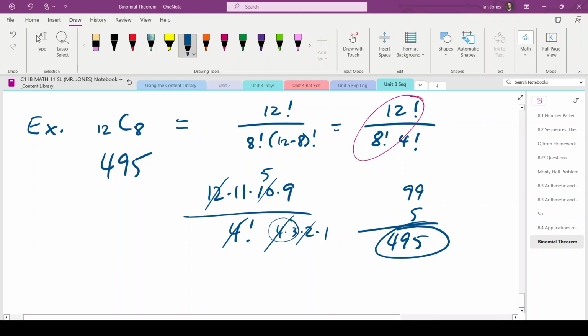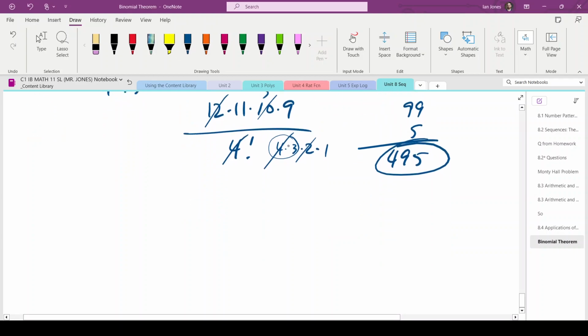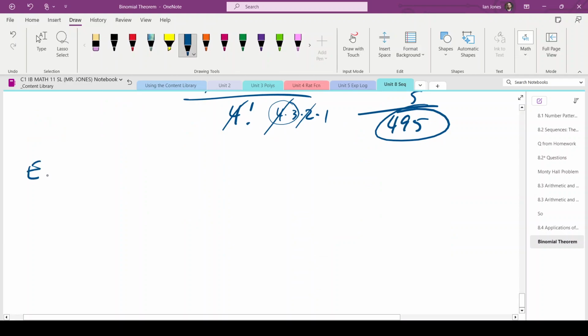Now, let's suppose we have an example like this. We have 3x minus 2y to the exponent of 6. All right, and we're asked to actually do this calculation. Now, I know in summation notation, that's kind of an ugly sigma. Let's be a little nicer here.